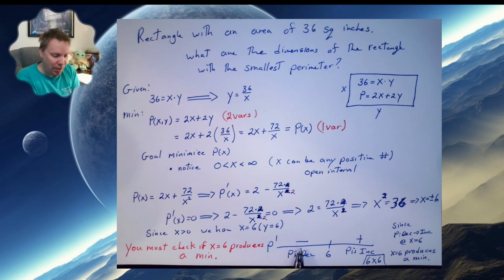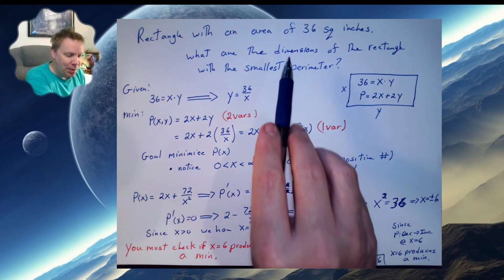On the first derivative line, we wind up getting a negative first derivative. If I plug a value bigger than 6 into here, then I get a positive answer. So I know p is decreasing on this side, p is increasing on this side, and I really want you to write these conclusions down. Since p goes from decreasing to increasing at x equals 6, we know x equals 6 produces a minimum.